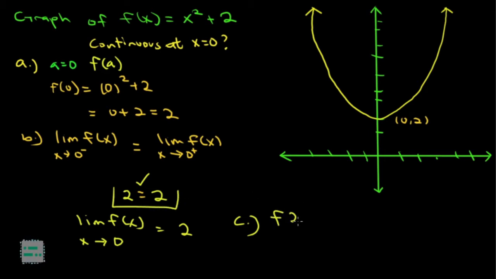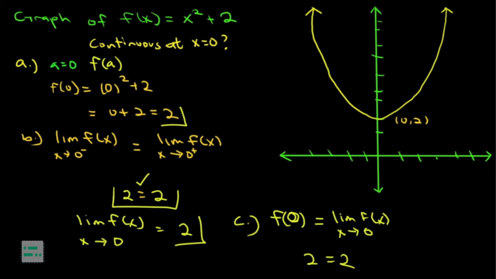Equal ba yung f of 0 doon sa limit of the function as we approach 0? The answer is yes, no? So yung kanina f of a nakuha natin 2. Then yung overall limit natin nakuha rin natin 2. Which means x squared plus 2 is continuous at x equals 0.